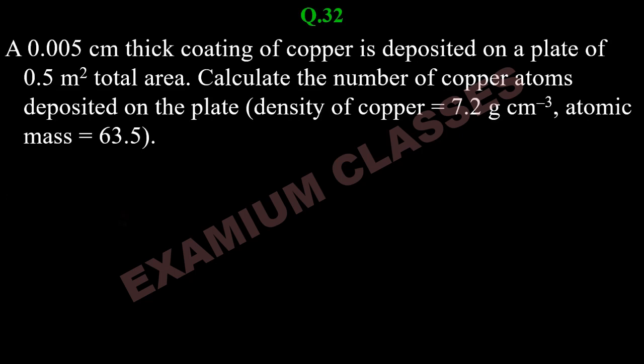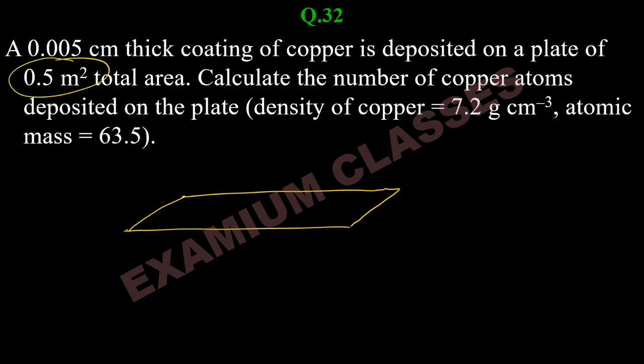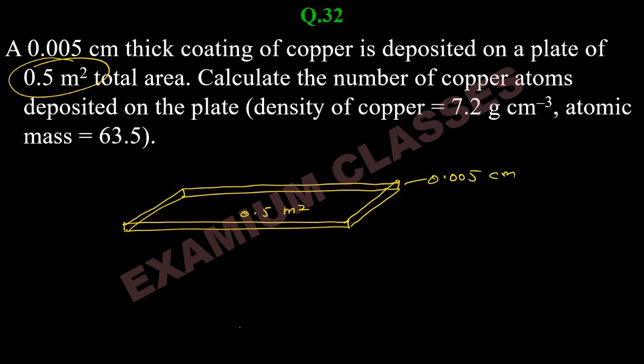This question says that you have a surface area, and the total surface area here is 0.5 meter square, and there is some thickness of this sheet, and this thickness is 0.005 centimeter.